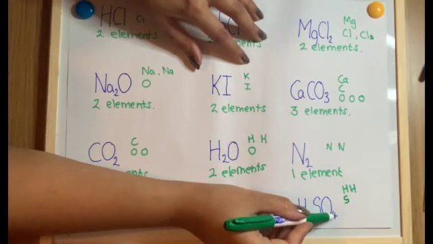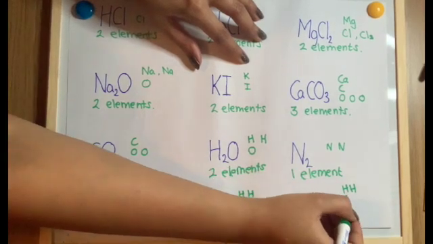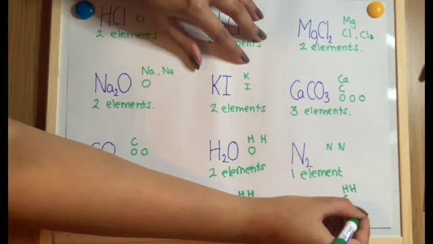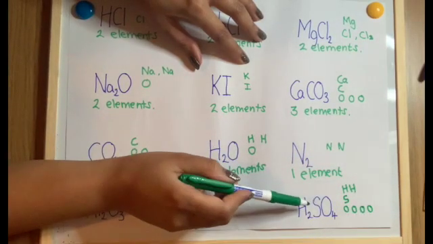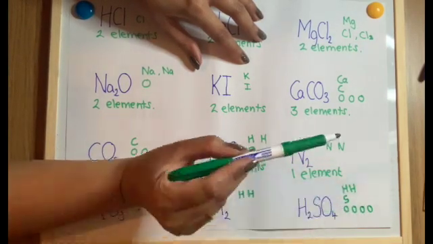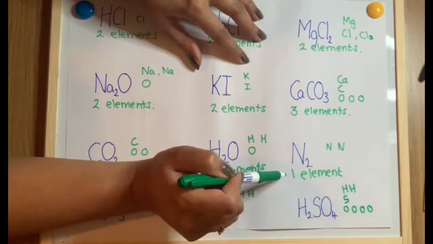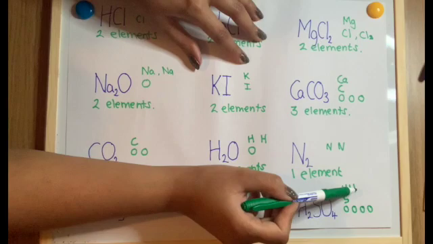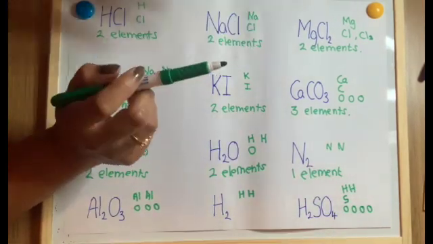And then I've got 4 with my oxygen. So that means I have 4 oxygens. So altogether, I've got 1, 2, 3 elements. And in this particular molecule, it's made up of 1, 2, 3, 4, 5, 6, 7 atoms.